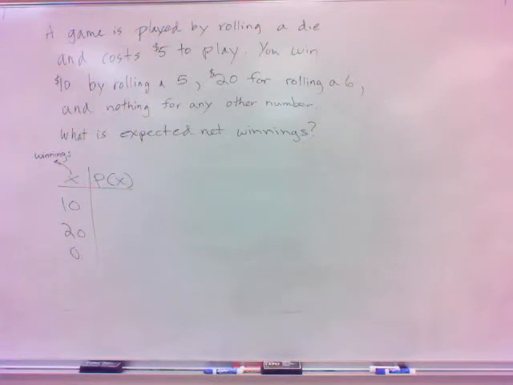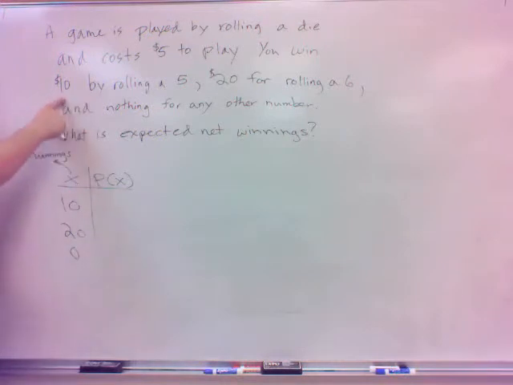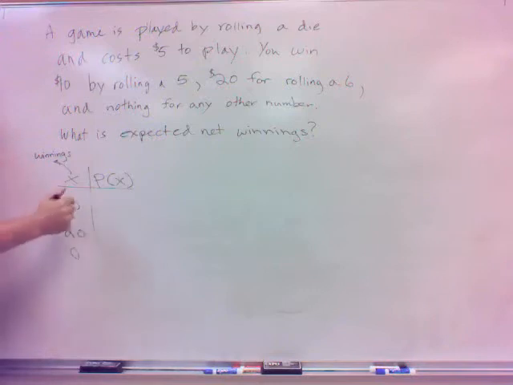All right, what are the probabilities then? So the probability I win $10. Well, I win $10 by rolling a 5, right? So what's the probability I win $10? 1 out of 6.